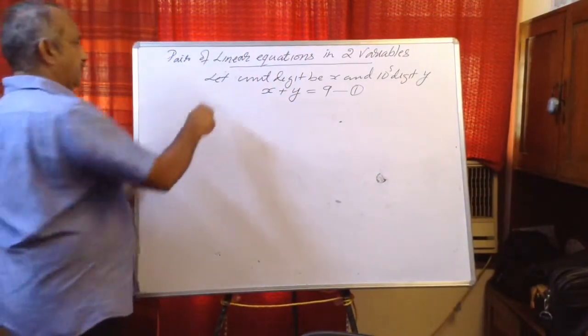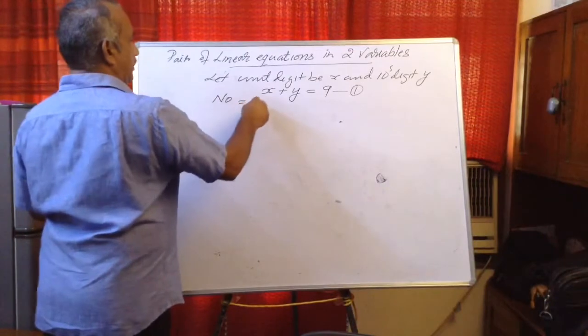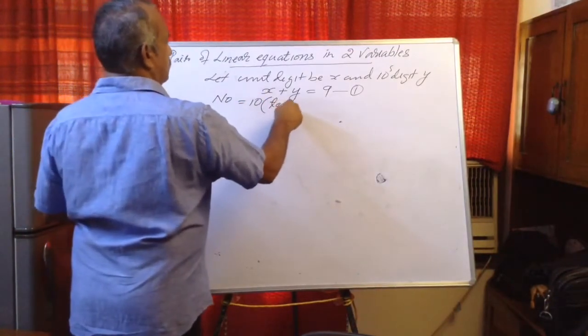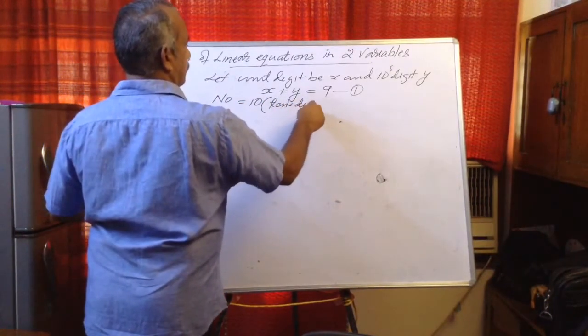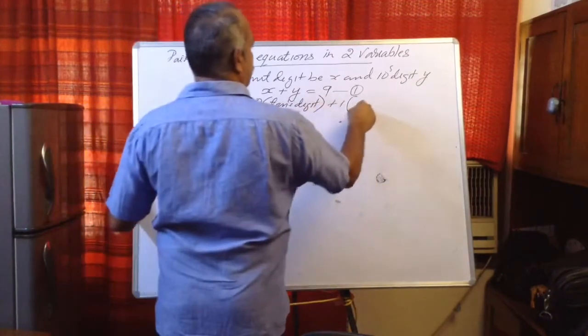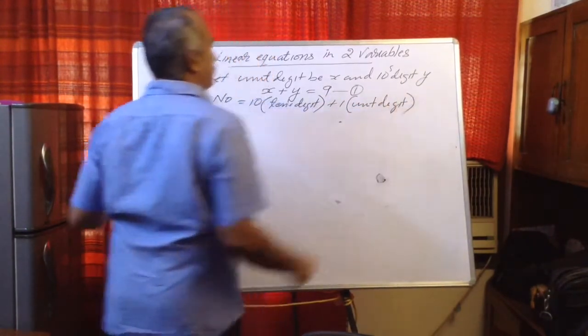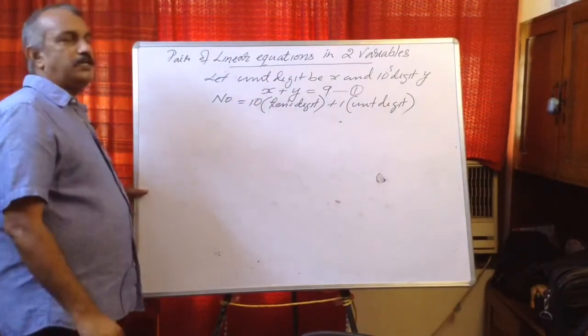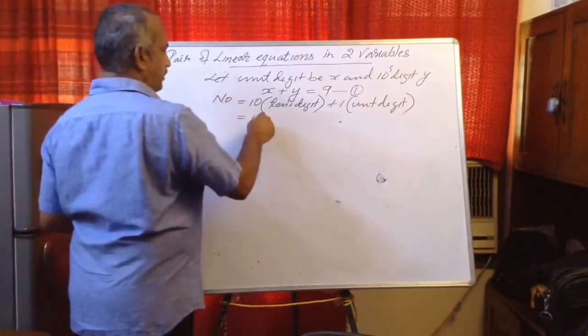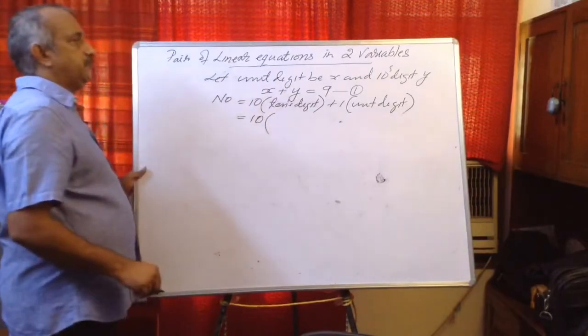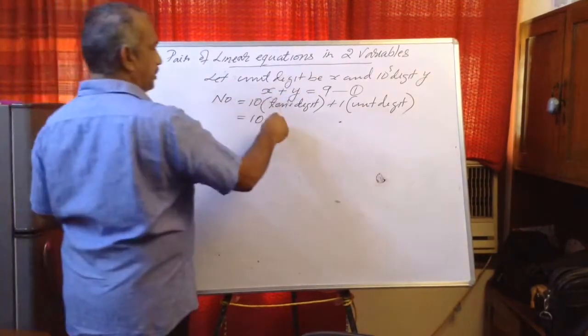So therefore the number is equal to 10 into the tens digit plus 1 into the unit digit. Which one did we assume as the tens digit? y.